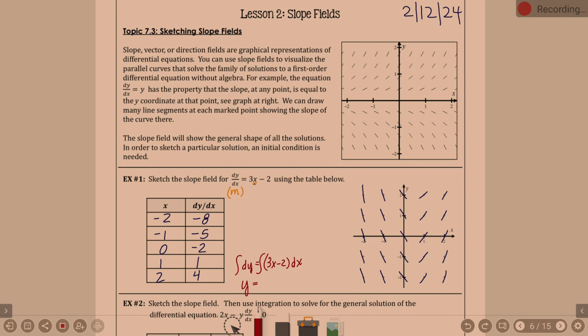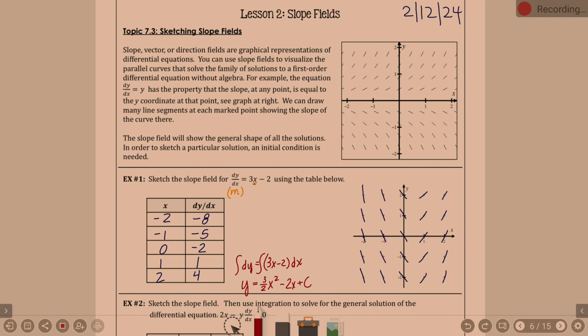The integral of 3x is 3 times x squared over 2, add 1 to the exponent and divide by the new exponent, minus 2x, plus c. That's what this graph is. That plus c just indicates it's a family of curves. This is not just one parabola, it's parabolas stacked upon each other, shifted up and down by some c value.